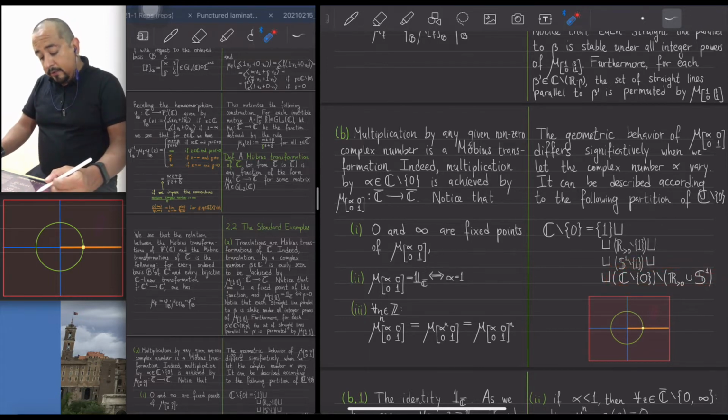So the geometric behavior of this mu alpha depends on which one of these sets alpha is taken.